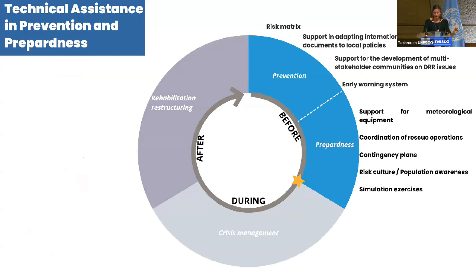Concerning risk mapping, the risk matrix is linked to the understanding of exposure, hazard, and vulnerability. We know that by 2050, 1.6 billion people will be living in areas at high risk of coastal and river flooding.